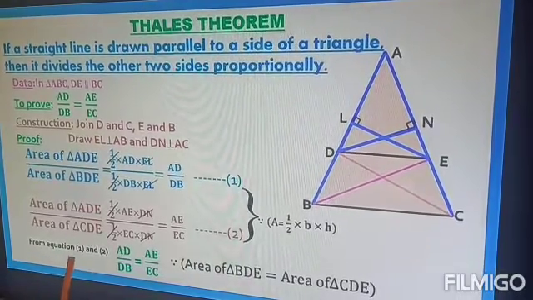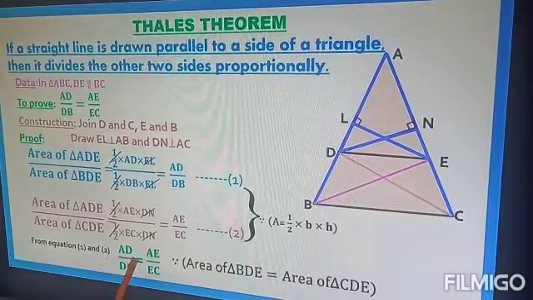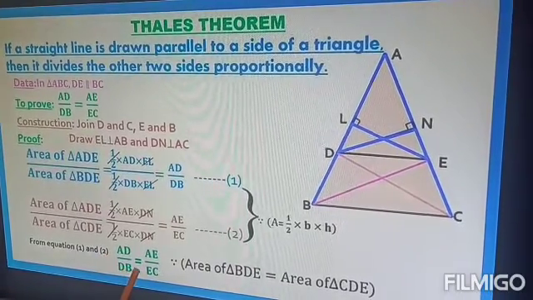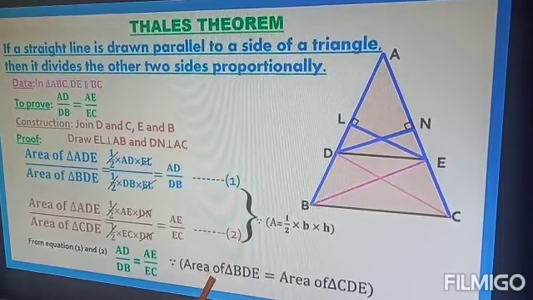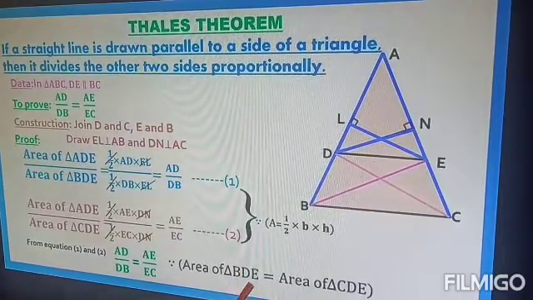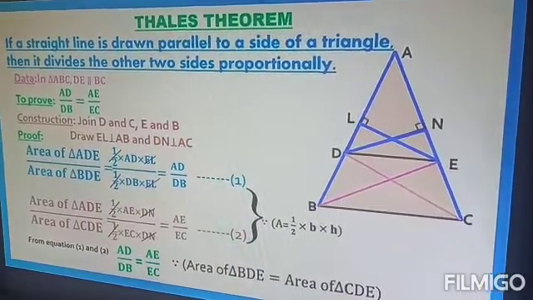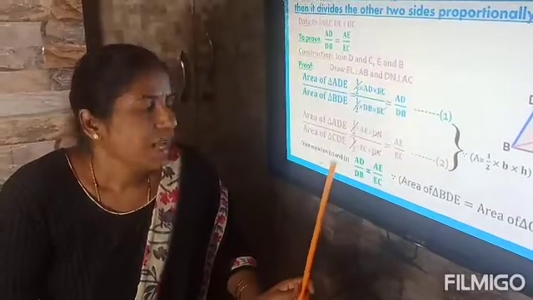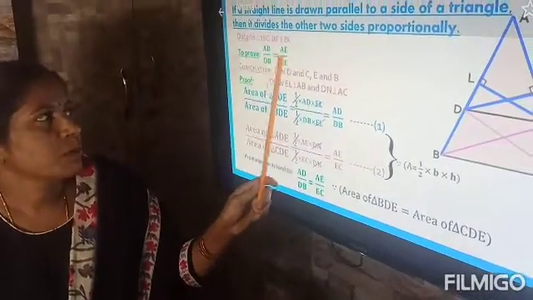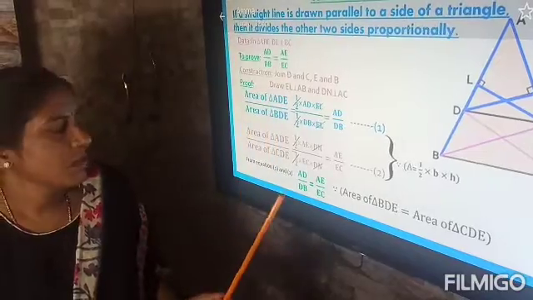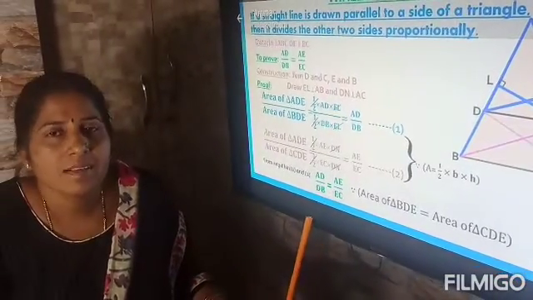Then from equations 1 and 2, we equate the two: AD by BD is equal to AE by CE, because the area of triangle BDE is equal to the area of triangle CDE. Understood? Hence proved. We got what was to be proved: AD by BD is equal to AE by CE.